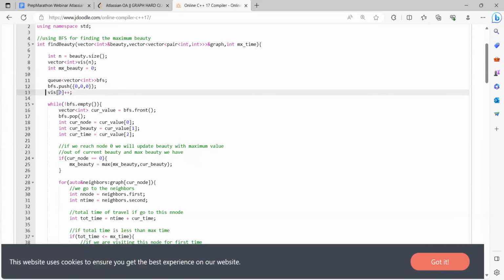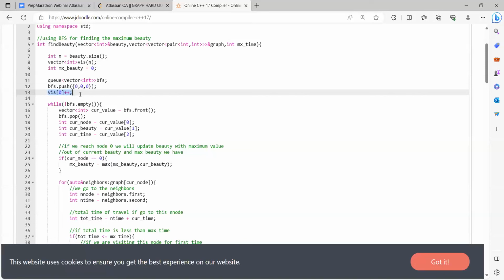Then in this visited array, I am marking this node as visited. This is the basic step of breadth first search. Whenever you go to some node, you mark it so that you don't visit any node multiple times. Here I can visit again, but I'll not utilize the beauty. So we use this visited array so that we don't use the beauty points again and again.